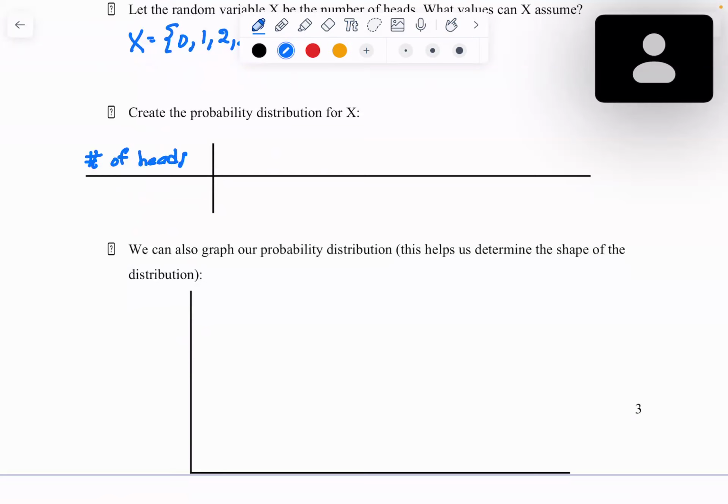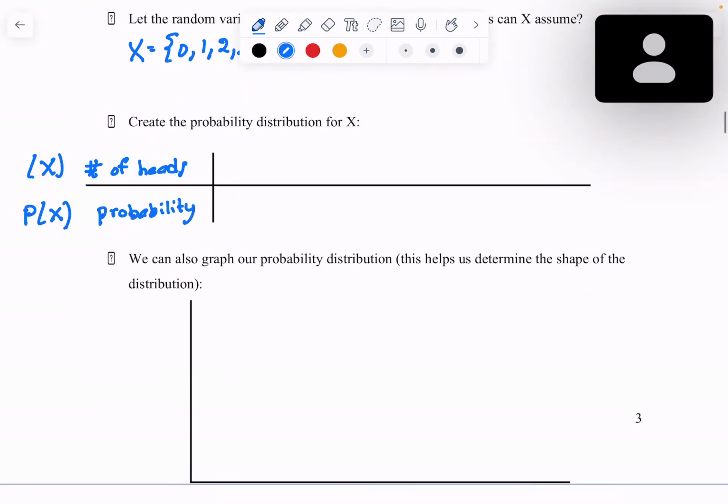This is X, our random variable X. And down here on the bottom, we have the probabilities for each of these. So here is P of X on the bottom. And we just said that X can be 0, 1, 2, and 3.